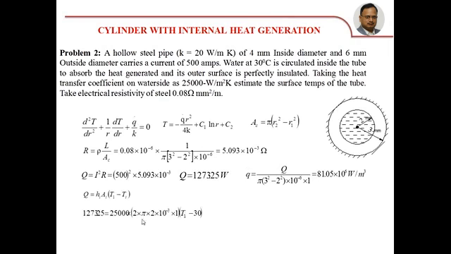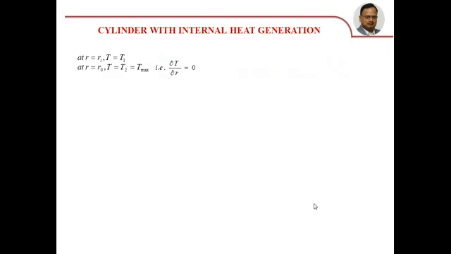By using this equation you will get T1 equal to 34.05 degrees centigrade. So this inner radius, or inner circle, is maintained at a temperature of 34.05 degrees centigrade.